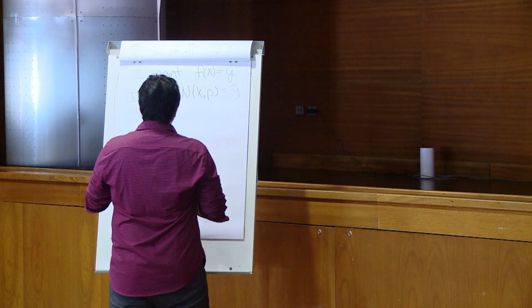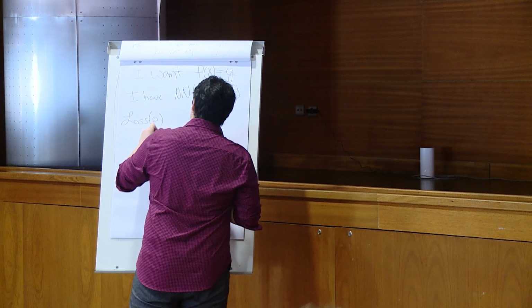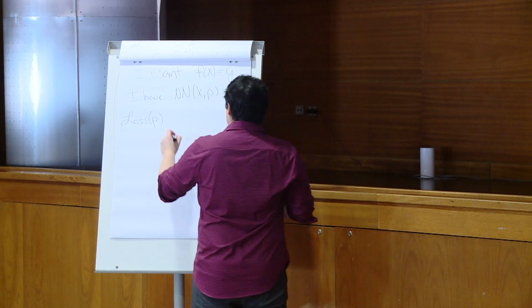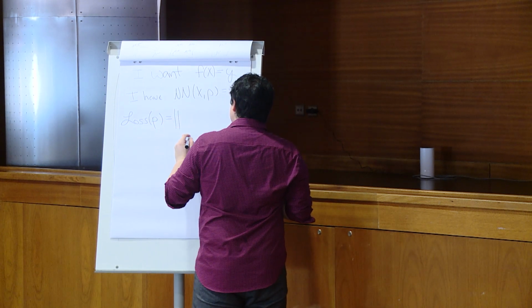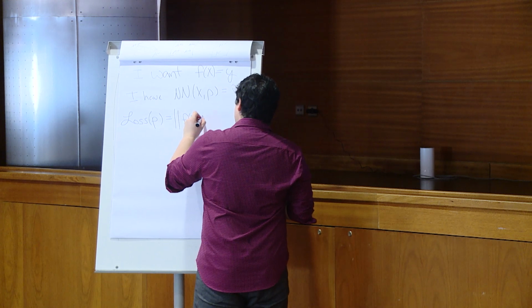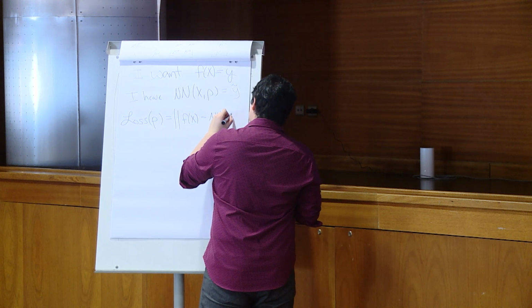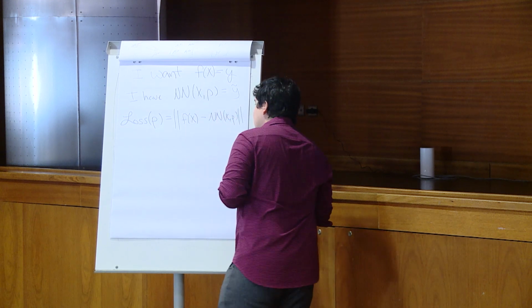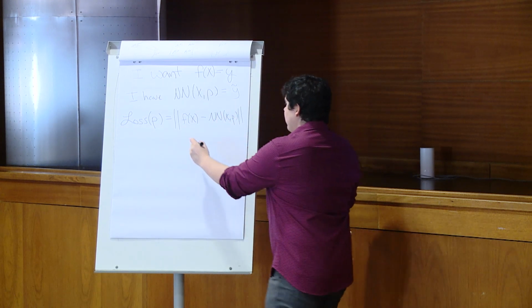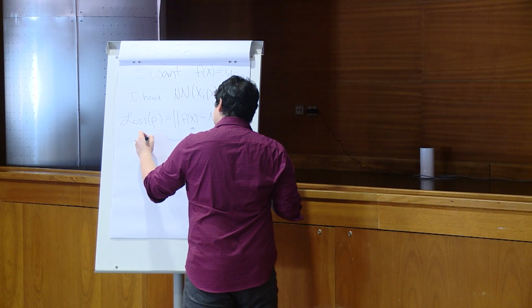Well, what I do is I say I have a loss function. So the loss of p, the loss of my parameters, is the distance between f of x and the neural network applied at x. I want this to be as small as possible. If you don't know this notation, this is the Euclidean distance.